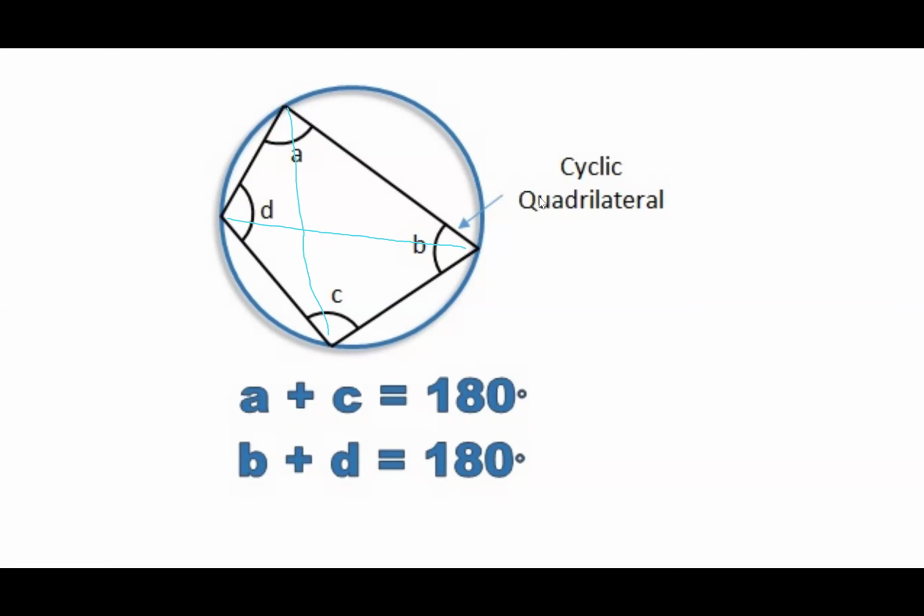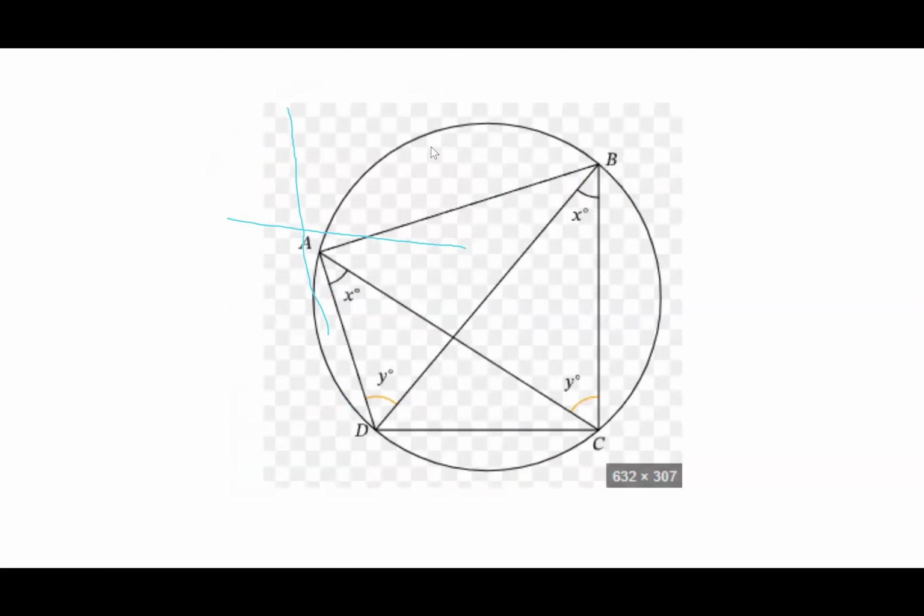Okay, I'll just go through the proof now. All right, so if you look at this diagram here, this makes sense, right? ADB is equal to ACB because they both subtend the same arc.